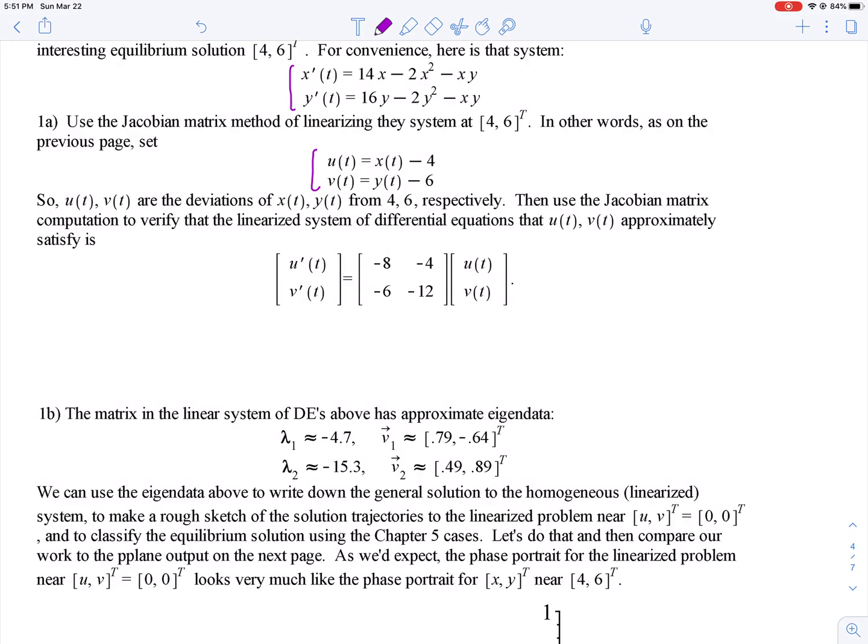So let's compute the Jacobian matrix for fg. And I might say at the point xy first. So that'll be f sub x, f sub y, g sub x, g sub y.